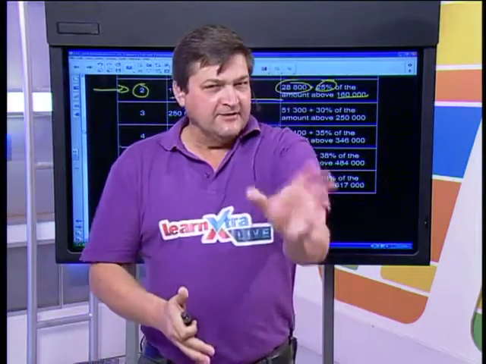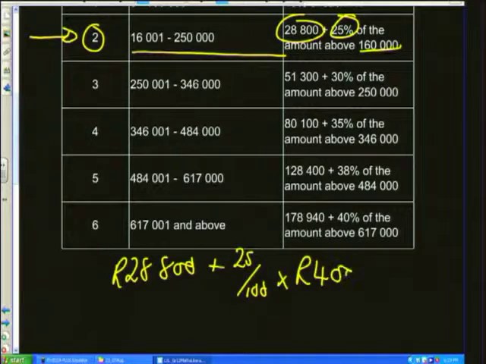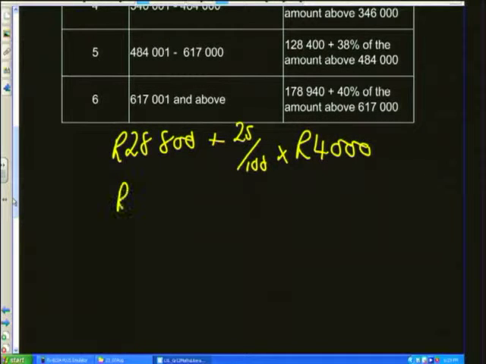So 164,000 minus 160,000 gives me 4,000. So I know I've got to find 25% of 4,000 rand. So we're going to have 28,800 rand, plus 25% of 4,000, which is 1,000 rand.